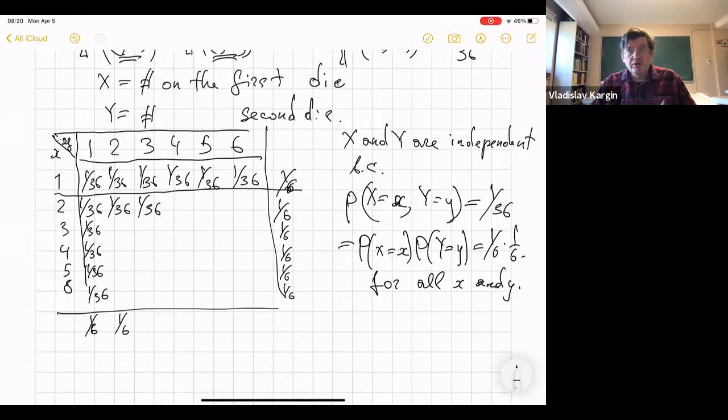And it turns out that for modeling purposes, it usually goes the other way around. We have some intuitive sense that two things are independent. It happens in real life that two things are more or less independent. Nothing is really independent, there is always some dependence between things, but they are approximately independent. And we want to define a model for two things which are independent.